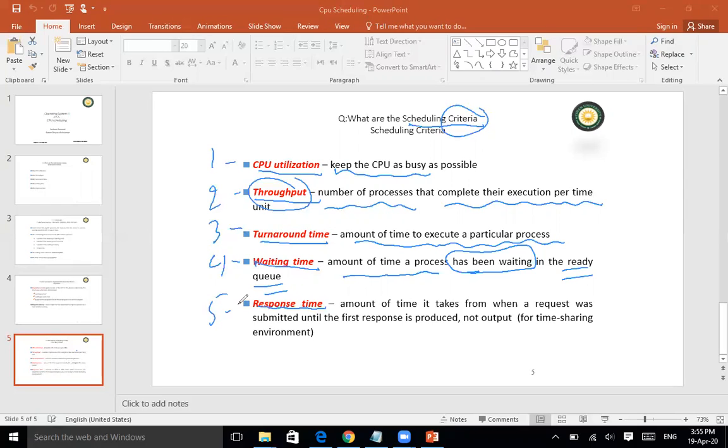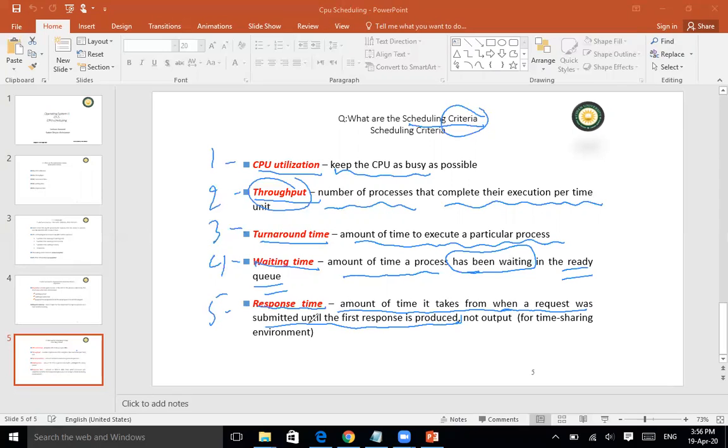Response time means the amount of time it takes from when a request was submitted until the first response is produced.